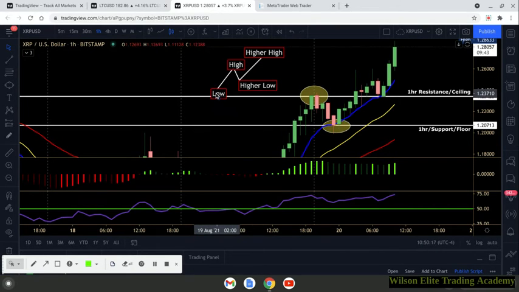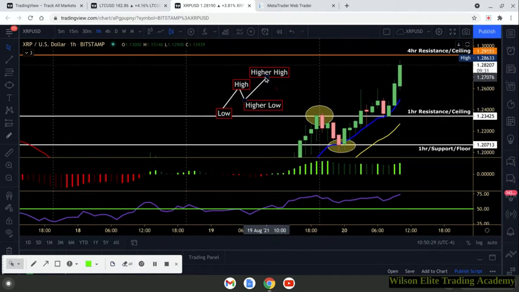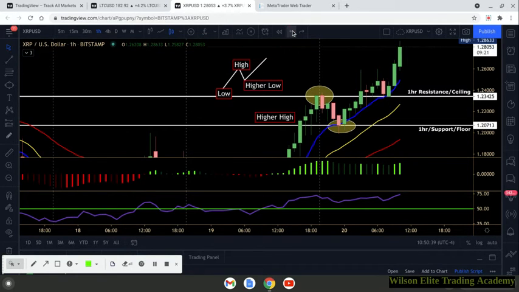So you have your floor, you have your ceiling, price pulls back, makes a higher floor, which is a higher low because this low is higher than this low. And then what happens? It gets enough strength to push up to make a higher high because this high up here is higher than this. And that's your uptrend.